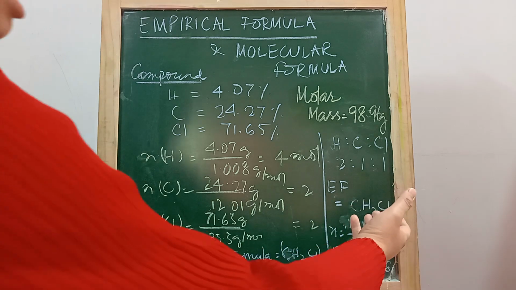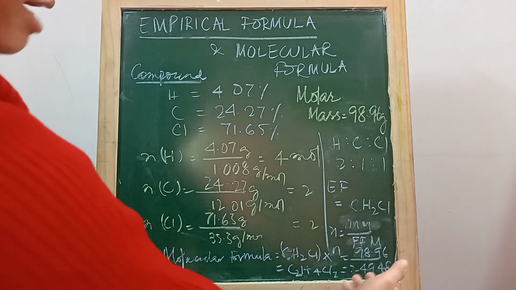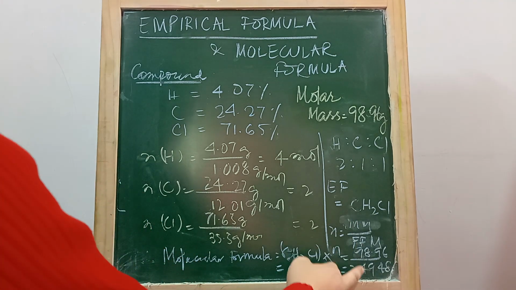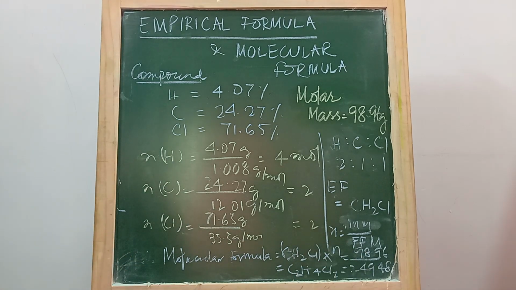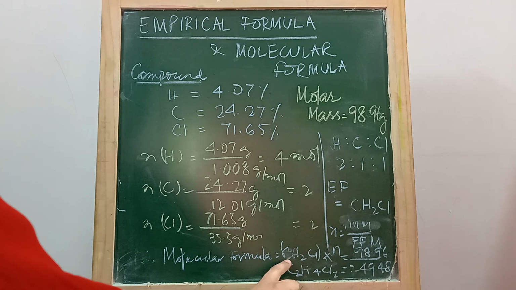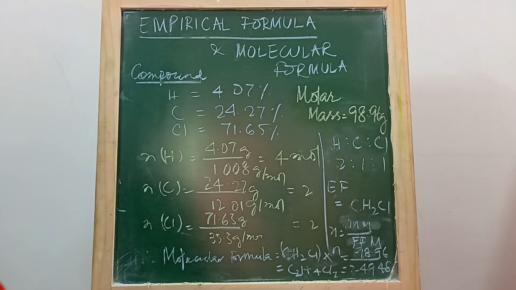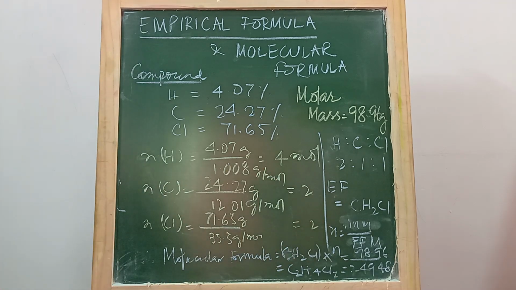So the empirical formula mass will become 49.48. So 98 divided by 49 is almost 2, or 100 divided by 50 is almost 2. Approximately 2, so we got n equal to 2. Hence, if you multiply the empirical formula by 2, it will become C2H4Cl2. C2H4Cl2 is the molecular formula of the given unknown compound.